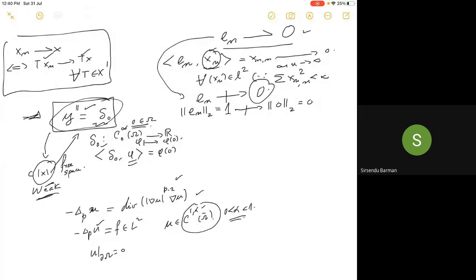Yes, absolutely. This is actually the Green's function of this problem. You have rightly pointed out that this mod x is the Green's function. Okay, sir. Thank you.